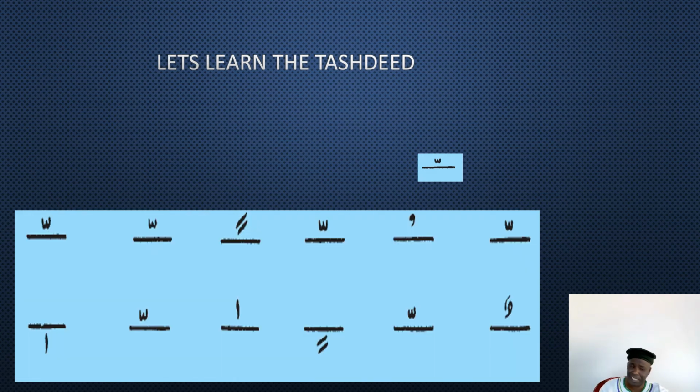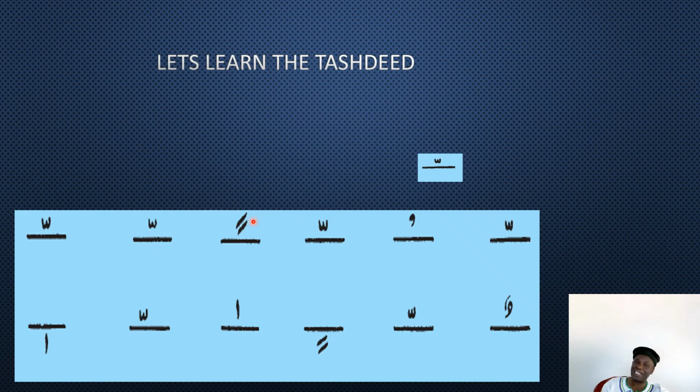Right, so let's just go through them all. We're also going to practice more with the other ones. Here I'm concentrating on the shadda, but we will also touch on the other ones. Now, this is shadda, tashdeed, and this is a jazm, sukoon, and this is a shadda.